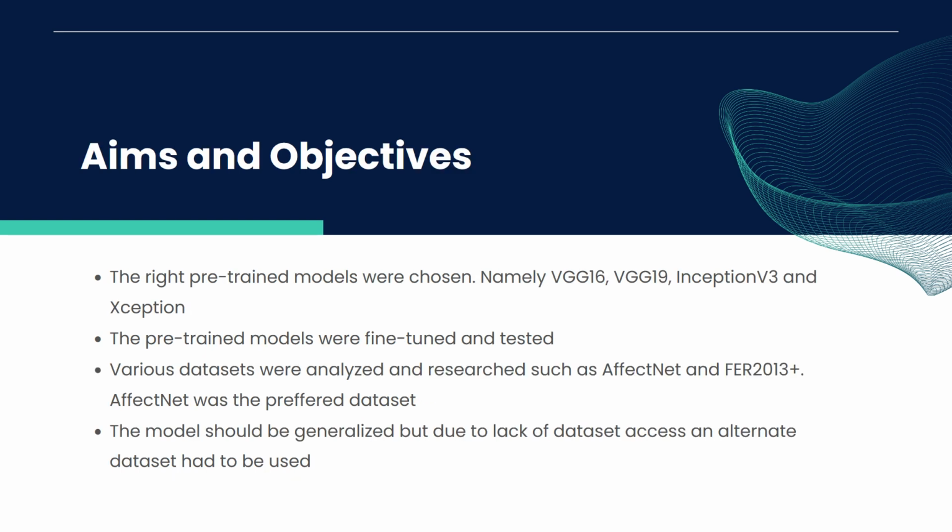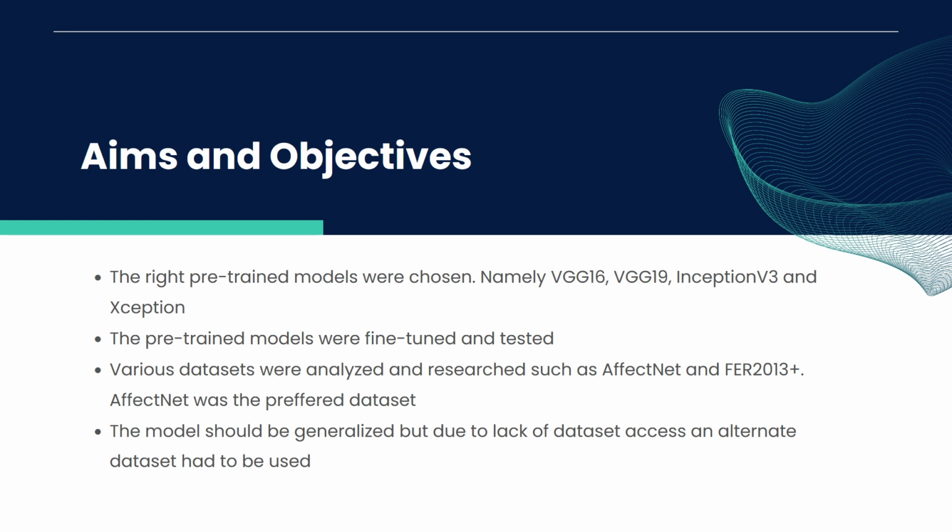Aims and objectives. So in the proposal, some of the aims that were discussed was choosing the right pre-trained models. The pre-trained models that were chosen for the implementation were VGG16, VGG19, Inception V3, and Xception. These models were then fine-tuned and tested, and various datasets were analyzed and researched, such as AffectNet and FER 2013 Plus.